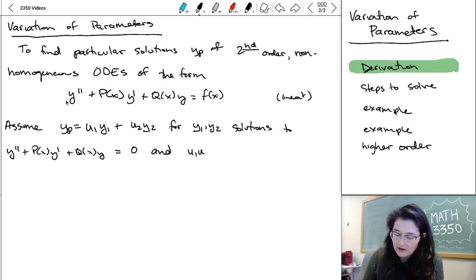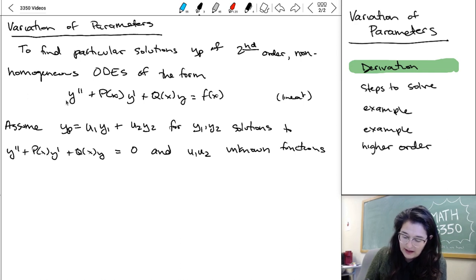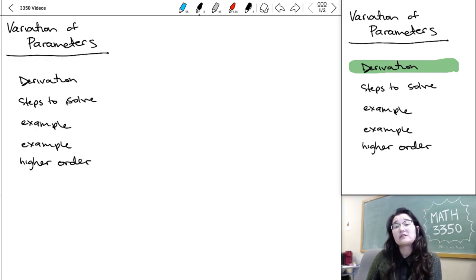And u1, u2 are some unknown functions that can depend on x. And finding those functions is what this method is all about.